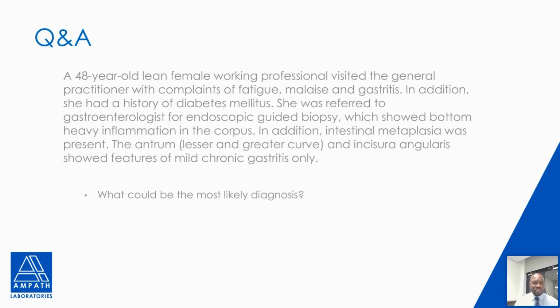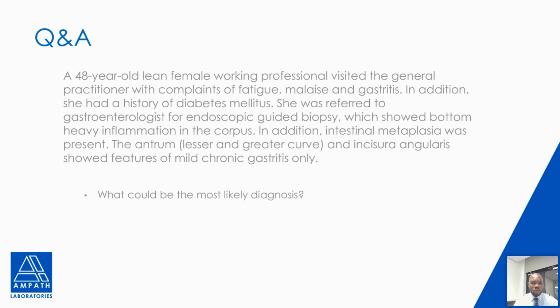In addition, intestinal metaplasia was present. The antrum, lesser and greater curvature, including incisura angularis, showed features of mild chronic gastritis only. So what would you consider to be the most likely diagnosis in this particular patient?